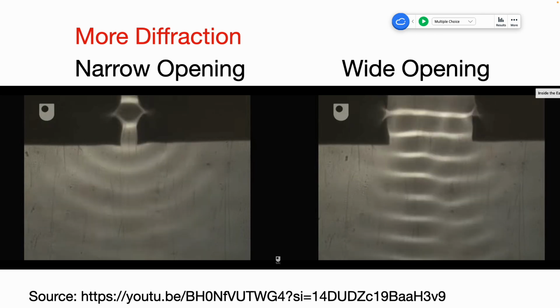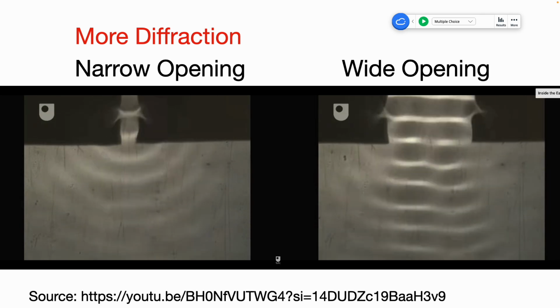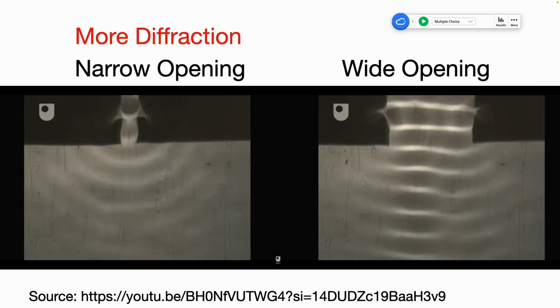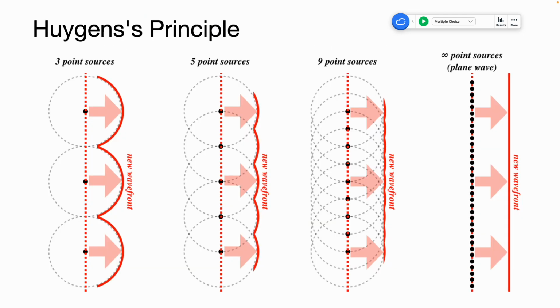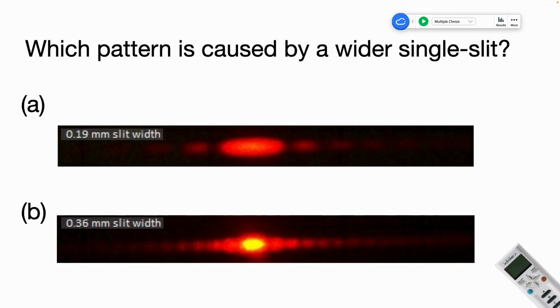So when you look at the diffraction pattern on the wall, you will see a wider bright spot at the center. So that's why a narrower single slit will cause a wider spot at the center, and a wider slit will cause a narrower spot. That's how waves behave.